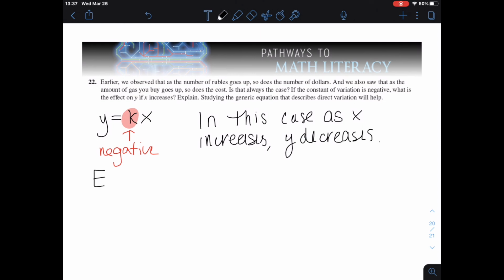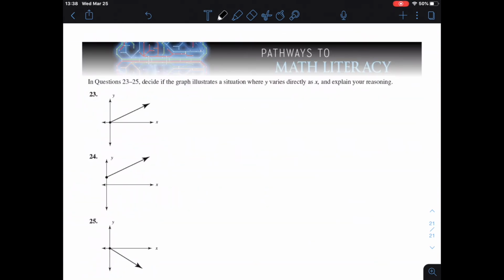Because you can think of some examples. Think of y equals negative 2x. If you pick some points, so some x and y values, when x is 0, y is 0. When x is 1, y is negative 2, so the value is decreasing. When x is 2, y is negative 4, so it's just decreasing constantly. Okay, so it's still kind of an example of direct variation. It's just having this opposite effect.